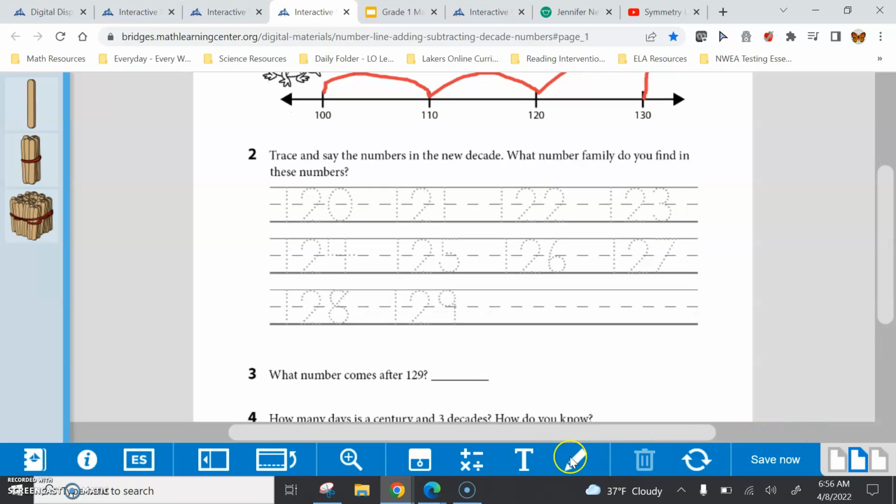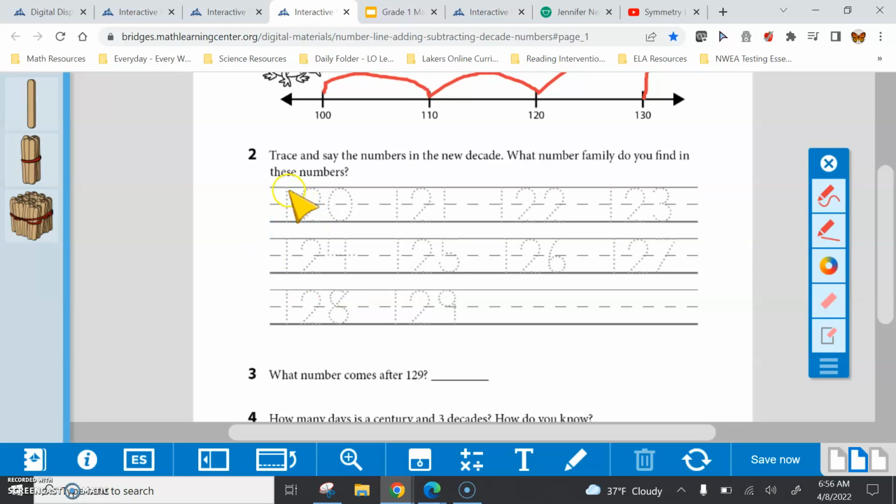Now, you've done these before, and I think you're very familiar with these. You're going to trace over the number that you see on the screen. Now it's 120. You're going to write this in your book on this page, 120. You're going to trace over each of the numbers that you see here.